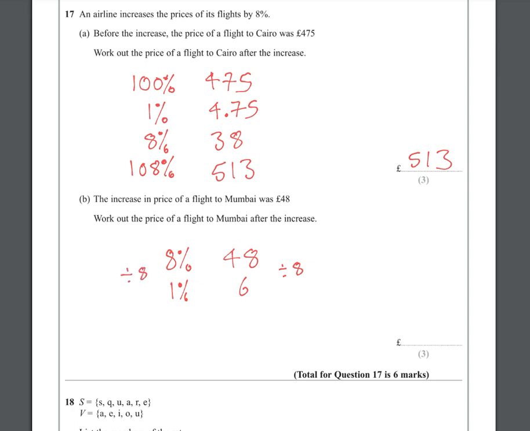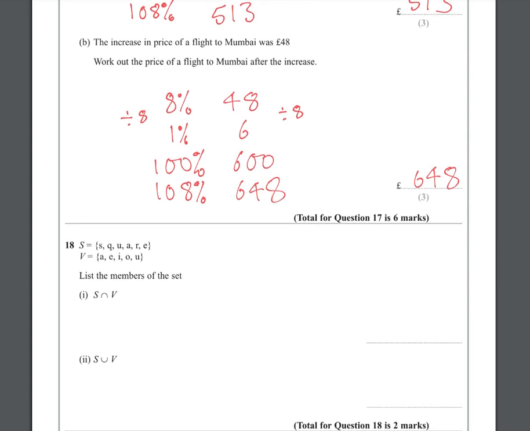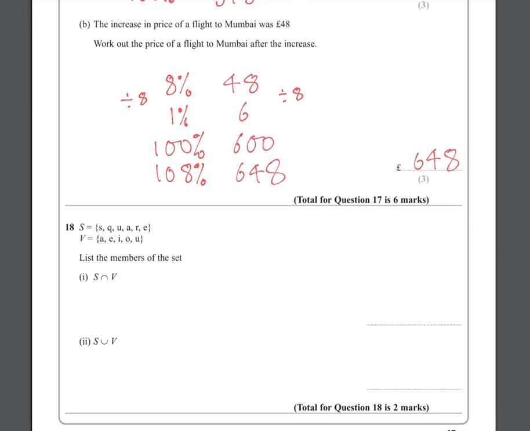And we want the price after the increase, so we want 100%. Well, that's times by 100, so that's 600. So 108% is the 600 plus the 48, which is 648. Okay.